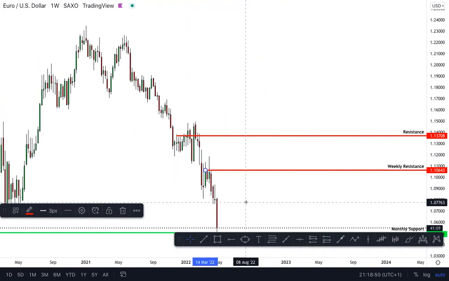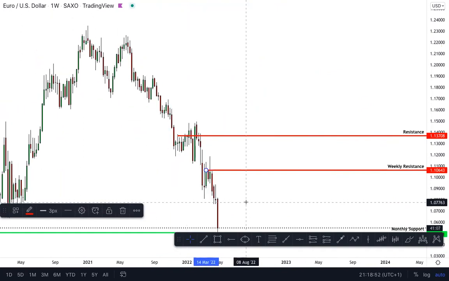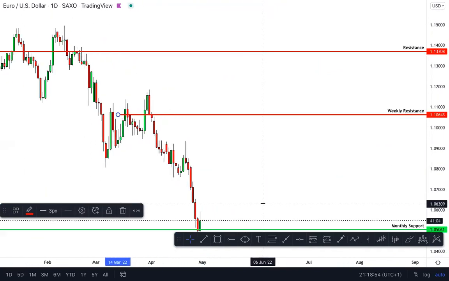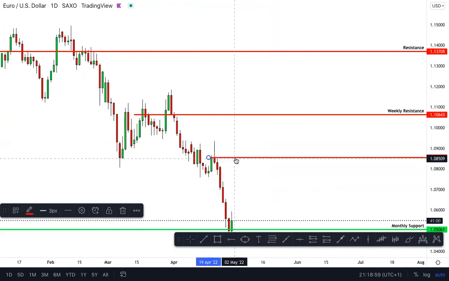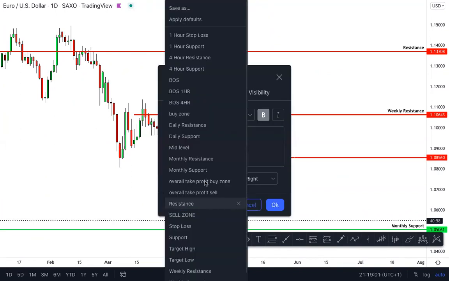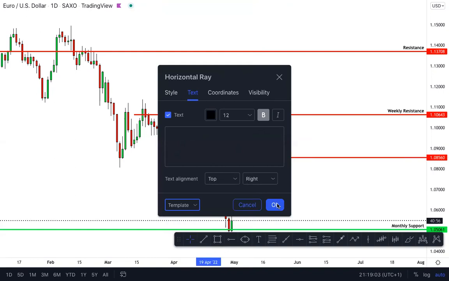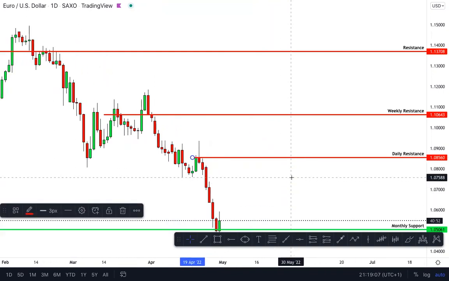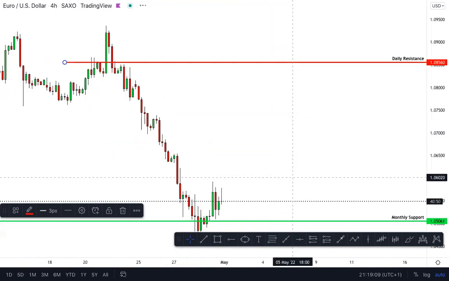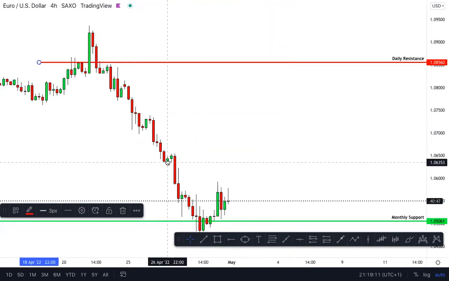Let me go down the time frame and then I'll see what's going on. So we've got another daily resistance here, daily resistance here. Let's go back to the 4 hour. See what we got. We've got multiple 4 hour levels of resistance here.